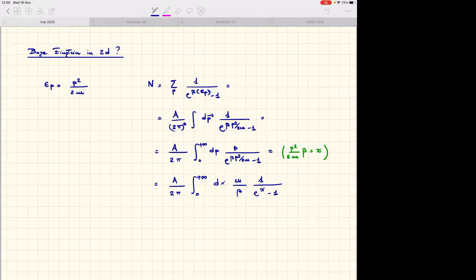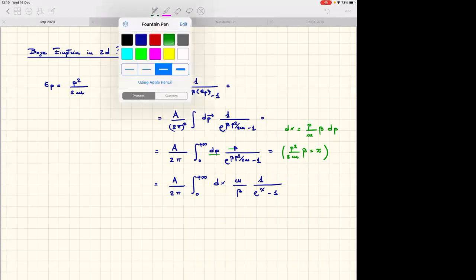Because you see that if I set x equal to p squared over 2m times beta, what I have is that dx is equal to p divided by m times beta dp. And p dp is exactly this combination. So that's why I get dx as a result.